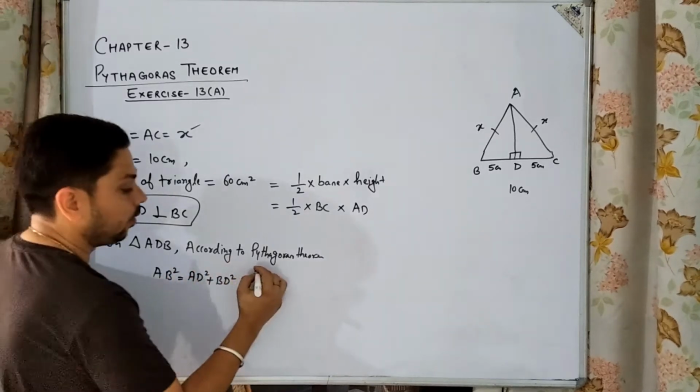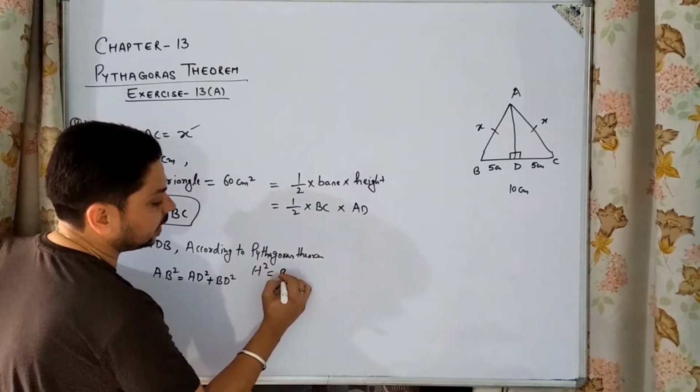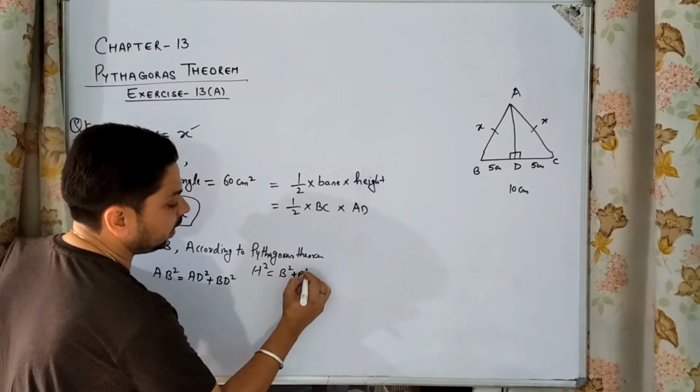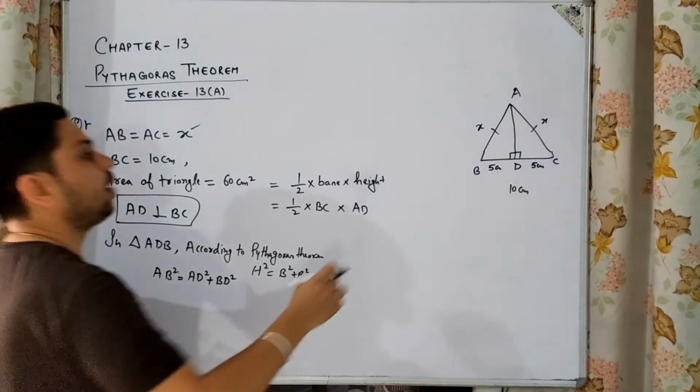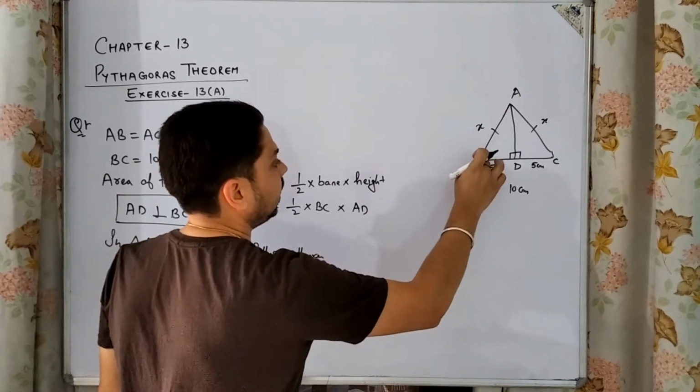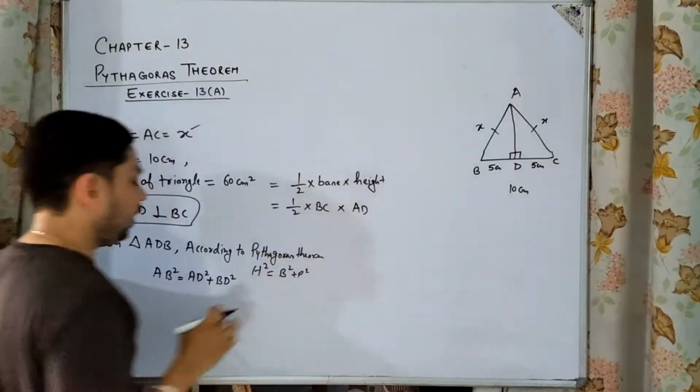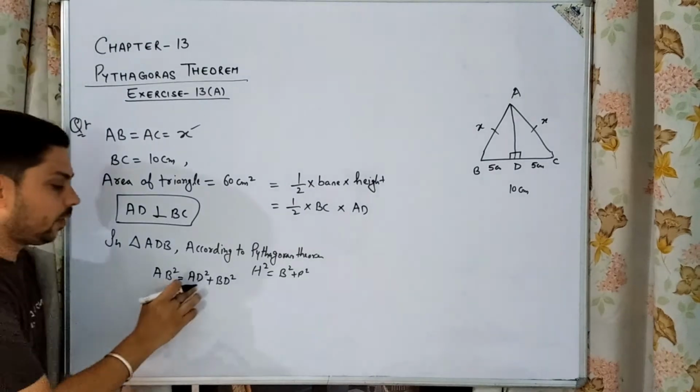We have the Pythagoras theorem: hypotenuse square is equal to base square plus perpendicular square, or perpendicular square plus base square. So we have taken the triangle ADB and we will find the value of AD.